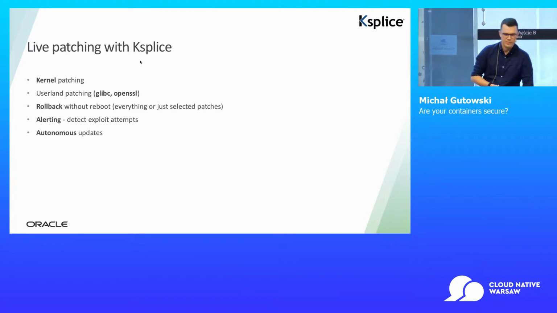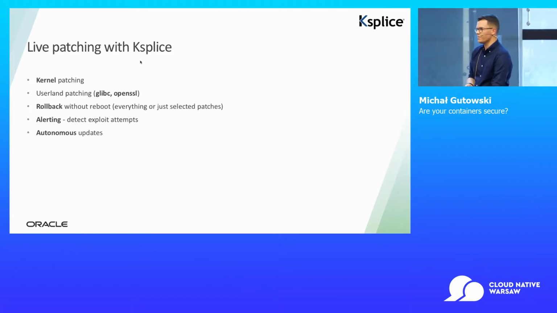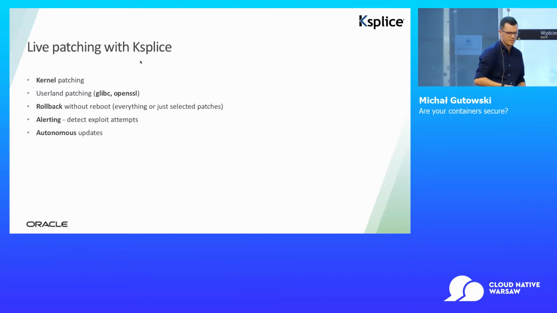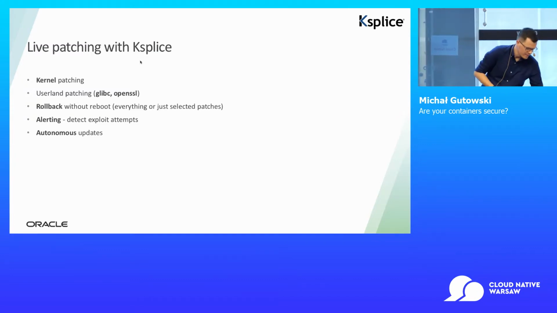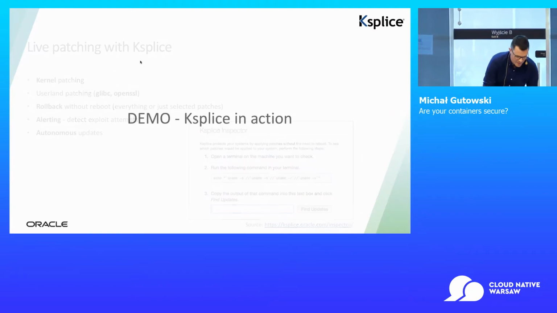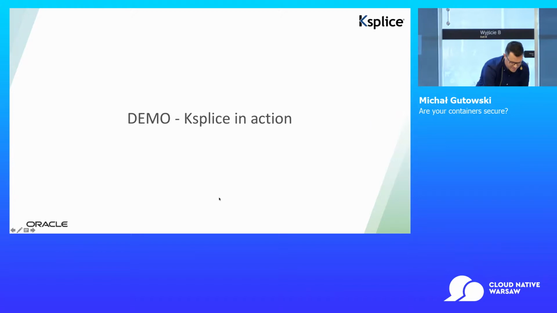And we have what we are calling autonomous updates, right? Since we have this patching method that doesn't require a reboot, let's just do it whenever we want. Let's not wait for the maintenance window. So let me show you how this works in action.